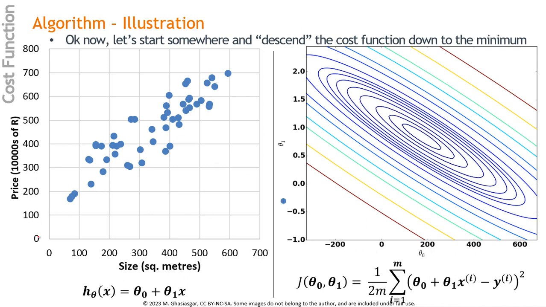So if my theta 0, my y-intercept is here, I would need a fairly large slope to pass through the data. Okay, sorry, I don't have my tablet. So now if instead I have a y-intercept here, I would need a much shallower slope, which would be a best fit. If I use the same slope with this y-intercept that I use with this y-intercept, I would have a very bad fit.